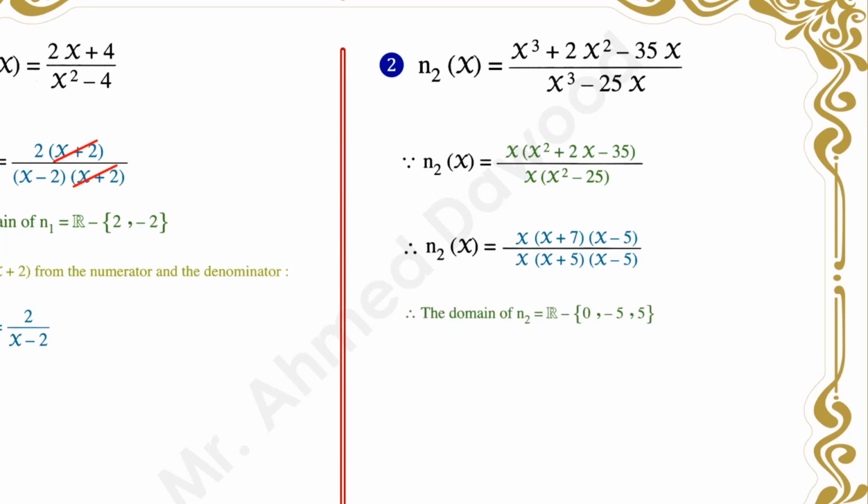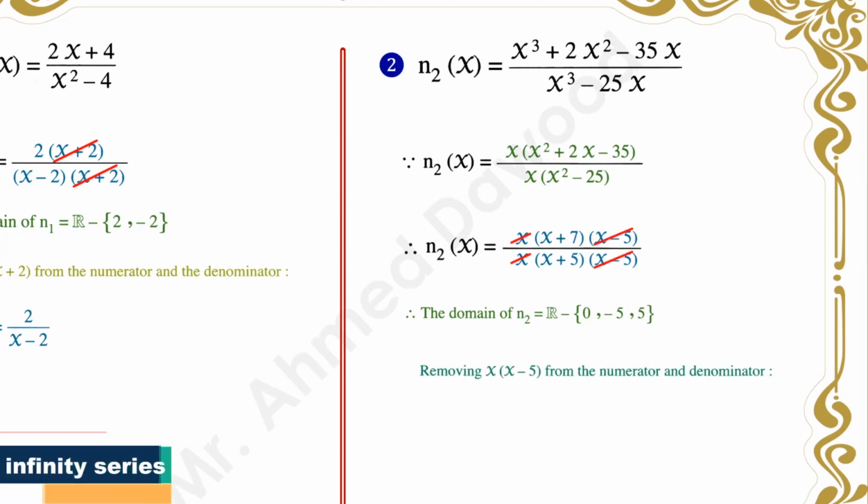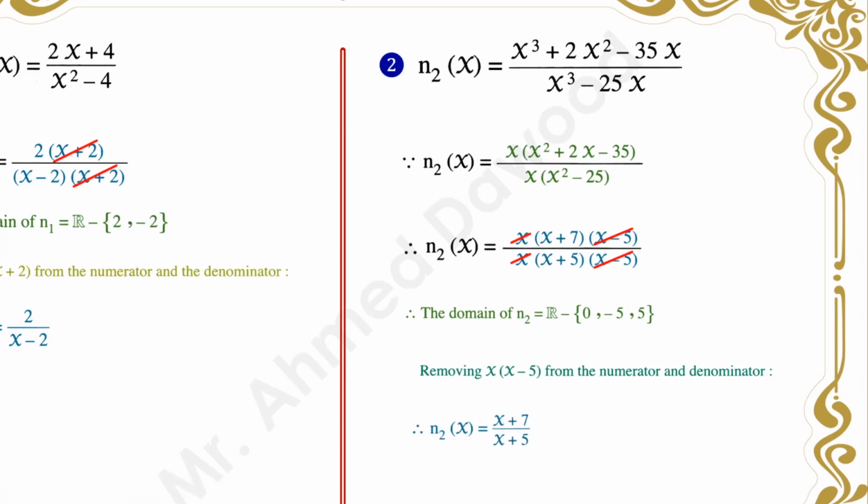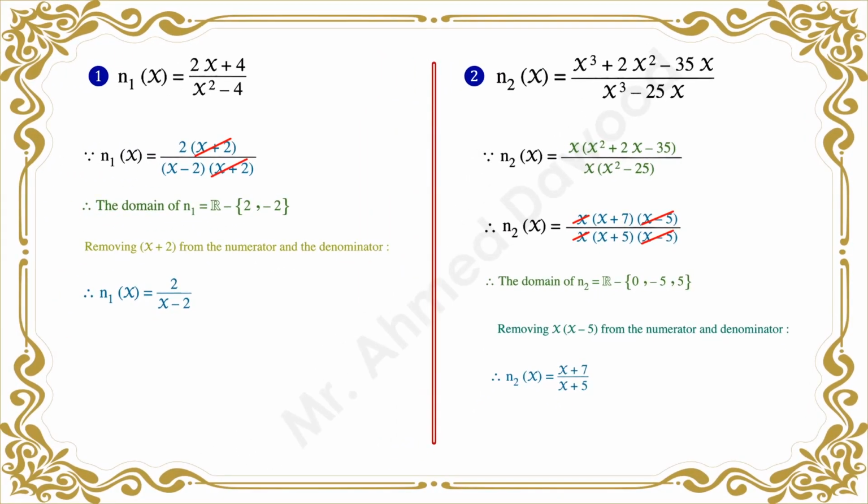The domain of n2 is all real numbers except the zeros of the denominator: 0, -5 and 5. Now you can remove the similar expressions, removing x and (x - 5) from the numerator and the denominator. Then the final form is n2 of x equals (x + 7) over (x + 5).